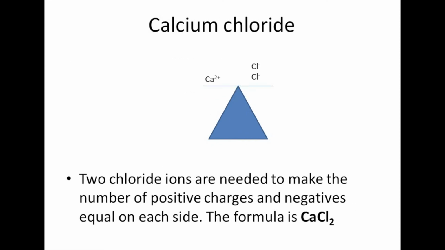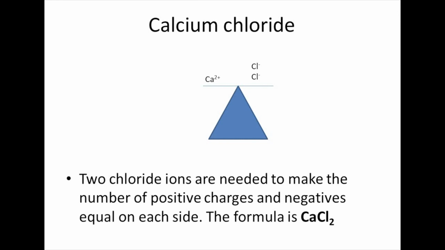More difficult one now. Calcium chloride. Now this time we've got Ca2+ and Cl1-, but I've had to write in another Cl1- because I have to have the same number of positives and negatives. So I've got Ca2+ and I've got Cl- and a Cl-, so that is 2 minus as well.